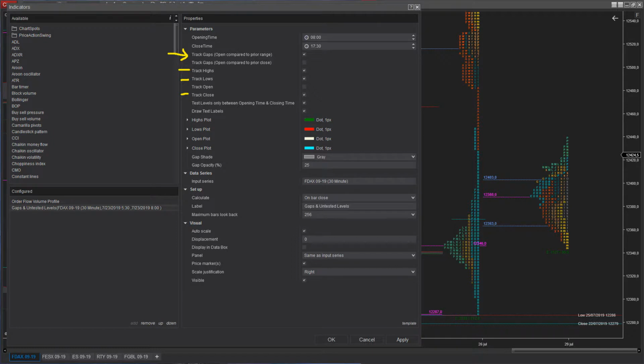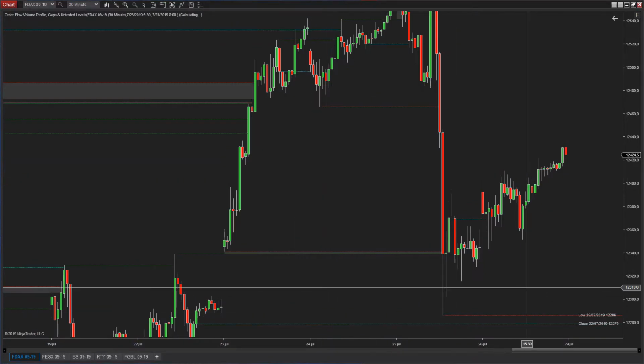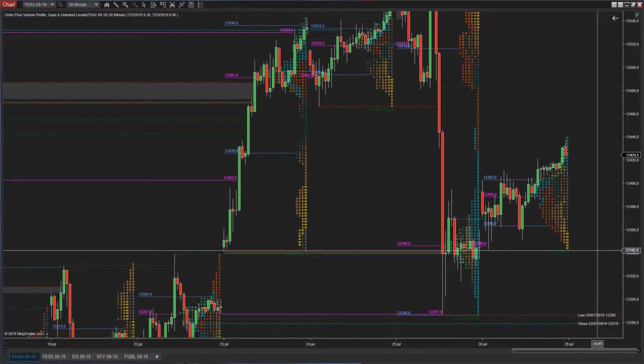So it's a very handy tool which I have been using on my market profile charts mainly, but also on regular candlestick charts. So let's enable the bars, which makes it a bit more clear for everyone.